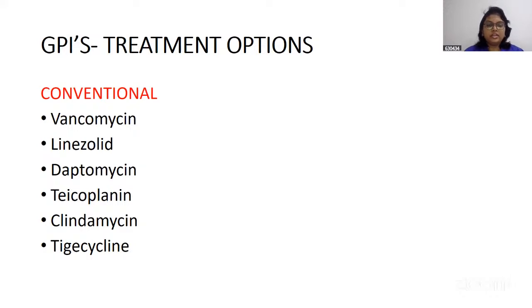And tigecycline is a glycylcycline derivative, structurally similar to the tetracycline group, which was introduced mainly for intra-abdominal infections, and is active against MRSA. These are all the conventional drugs which we have been using and we are still using.